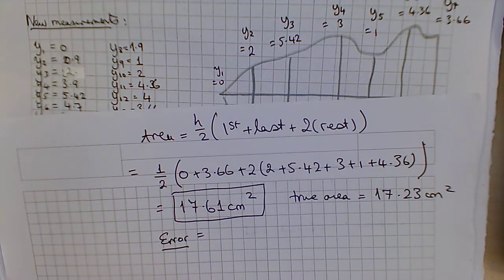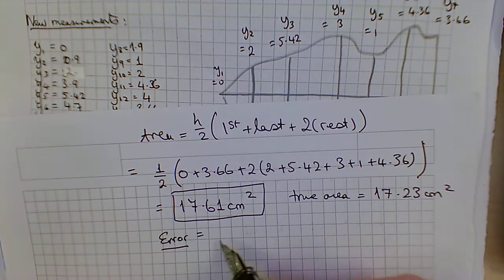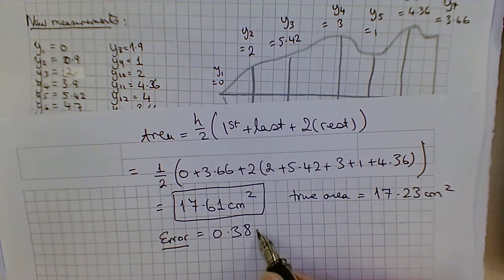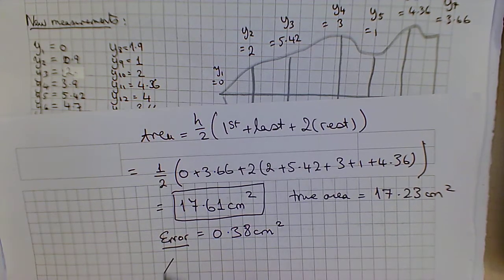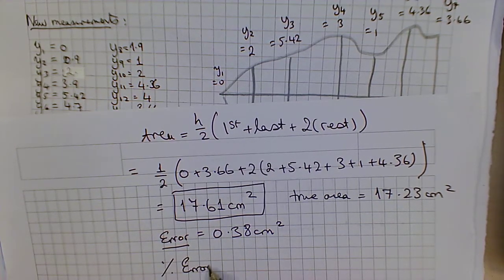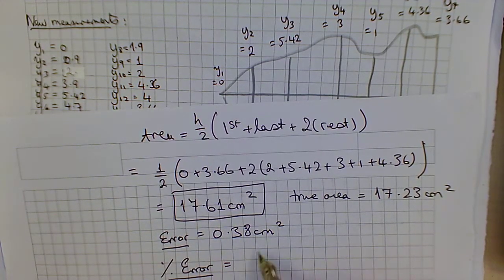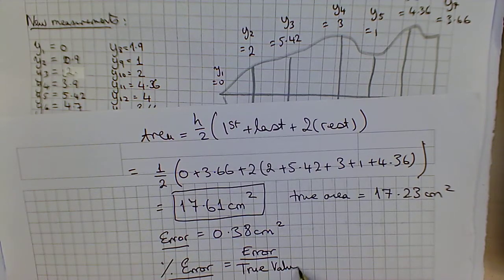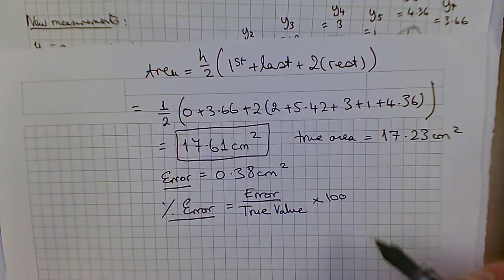So first of all, the error is the difference between the two values. So that is 0.38 centimetres squared, and then my percentage error is going to be this error. And when you're doing percentages, it's always the true value or the original value that you use for the bottom number, and then we multiply that by 100.